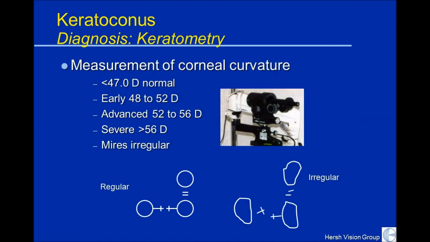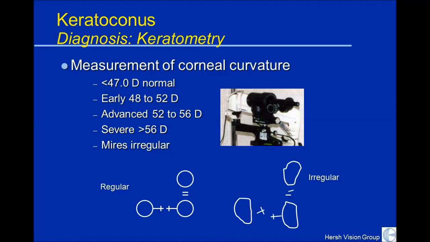There are measurement devices that the doctor uses to make these diagnoses. The first is called keratometry. This is a measurement of the steepness and corneal contours, measuring what's called diopters, which are units of focusing power. Suffice it to say that in keratoconus, because the cornea is steeper than normal, the cornea has higher dioptric numbers.